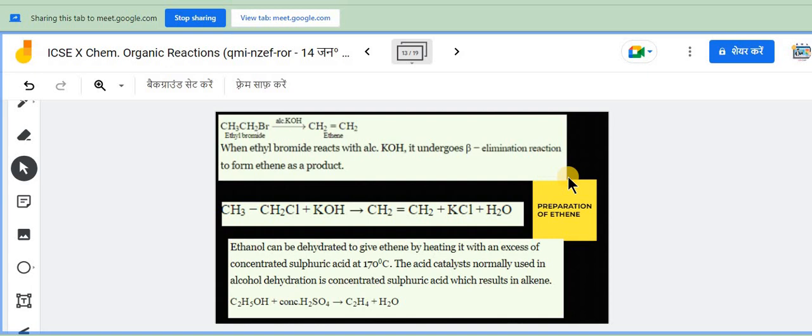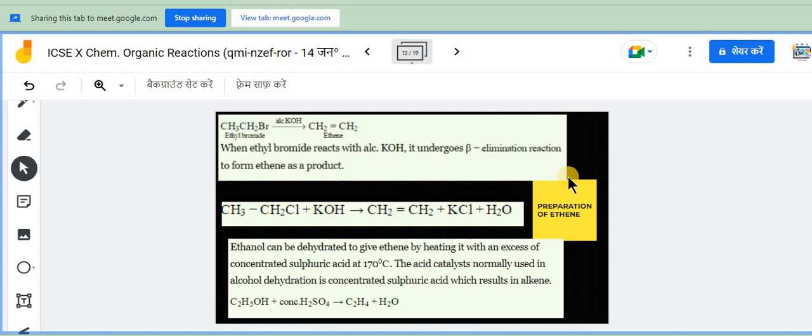So this ethanol, when treated with concentrated sulfuric acid, which is a dehydrating agent, please remember that you need to write concentrated, because only concentrated sulfuric acid acts as a dehydrating agent, not simple dilute sulfuric acid. Okay, so this should be very clear. Here the temperature is around 170 degrees Celsius, or you can convert it into Kelvin, it becomes 443 Kelvin.